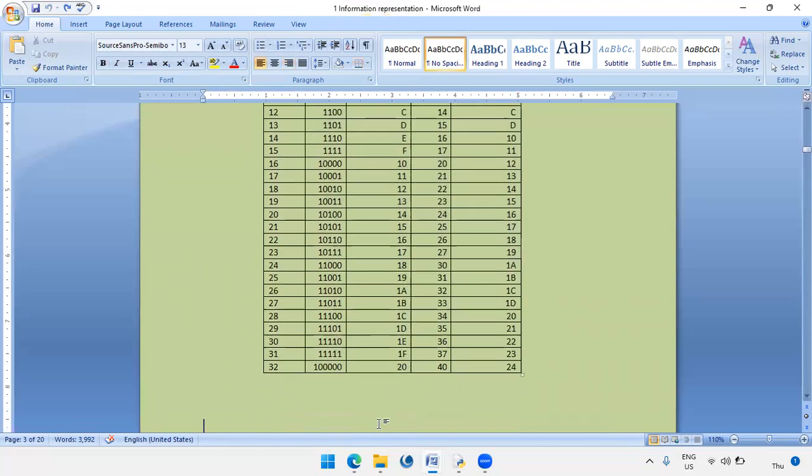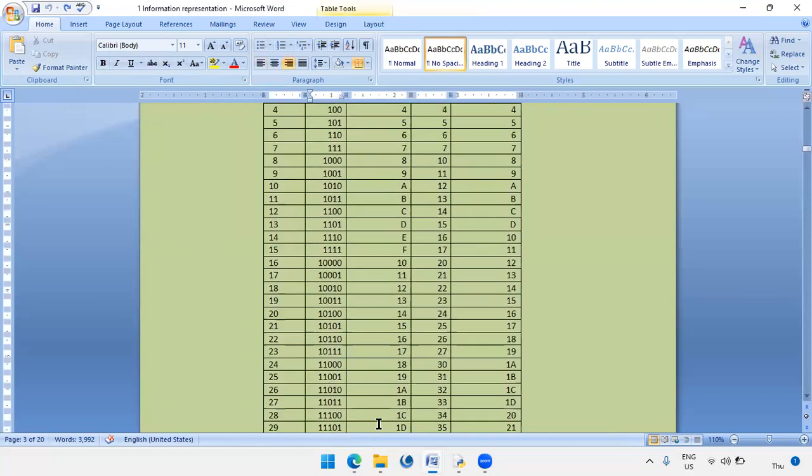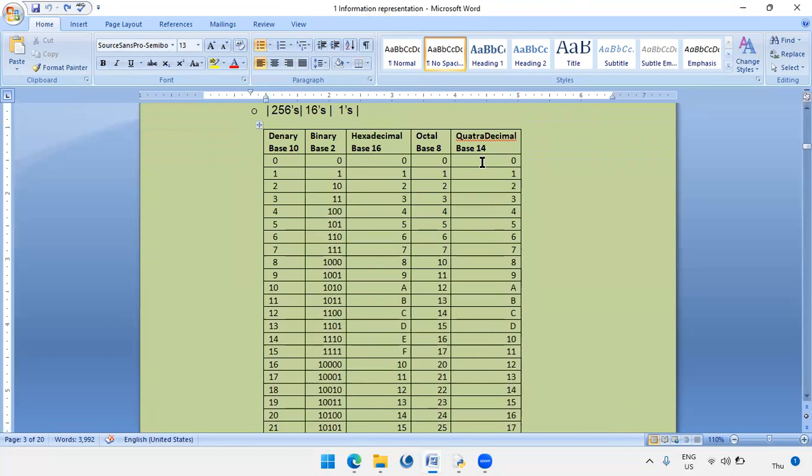So that is the counting system. Let's have another one. Quadradecimal. What is that? I never heard. You can call anything; we can devise our own system. So quadra is 4, like penta. 4 and 10, 14. So the base is 14 and the highest digit is 13. So you go up to 13 like this.